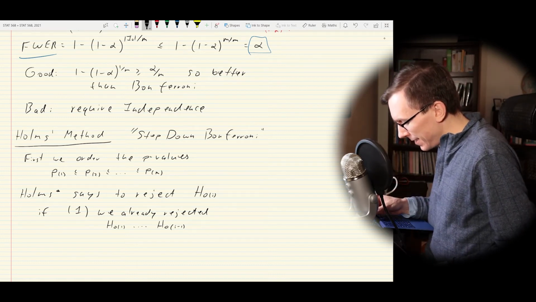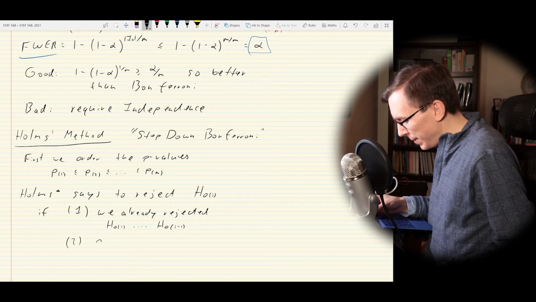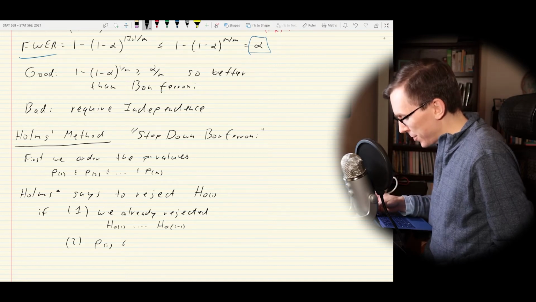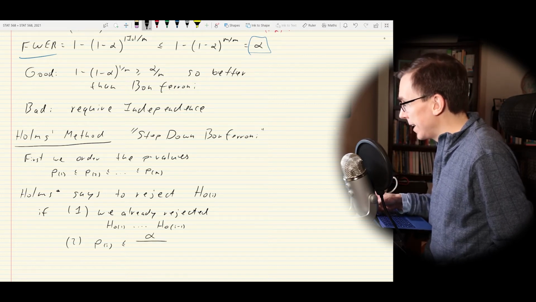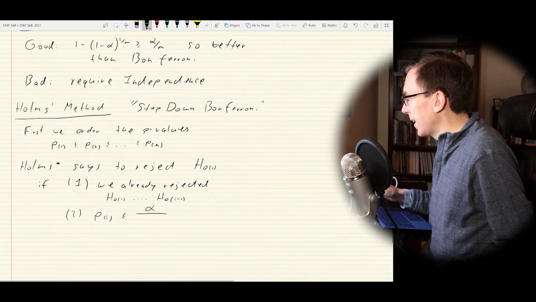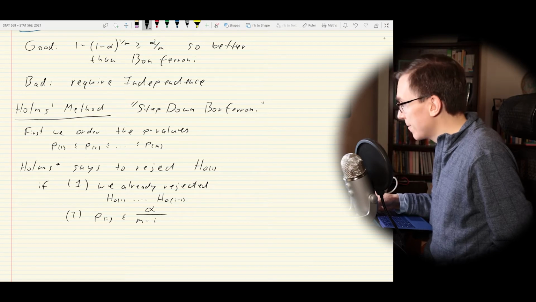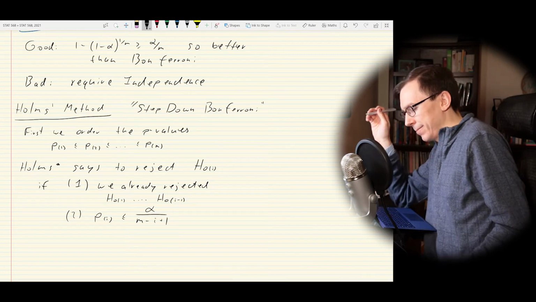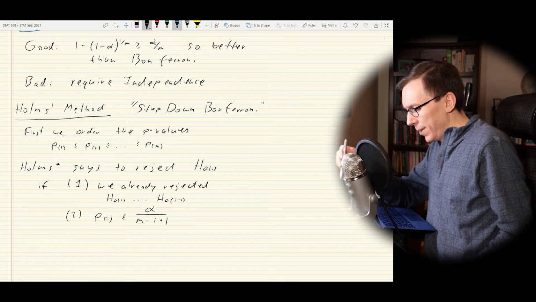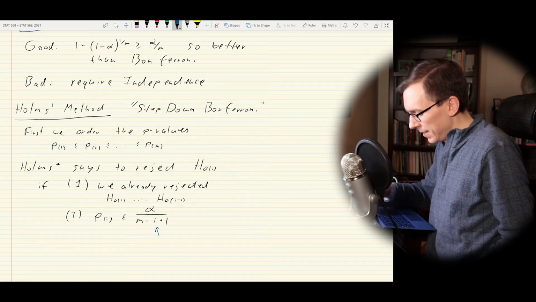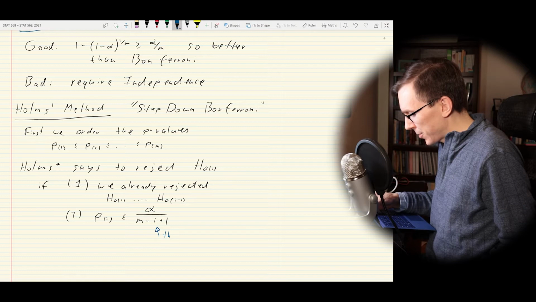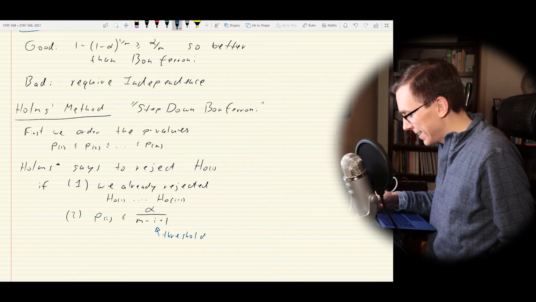And secondly, we need p(i) to be less than or equal to the new threshold, which is alpha divided by m minus i plus 1. So the point is that here the threshold, or test size, changes with i.